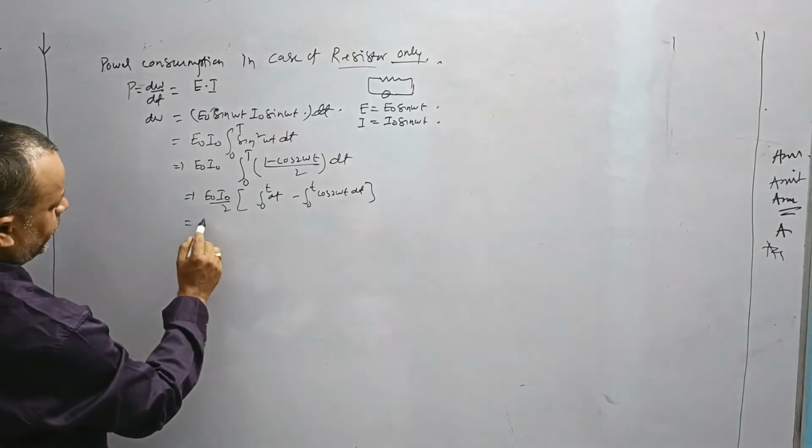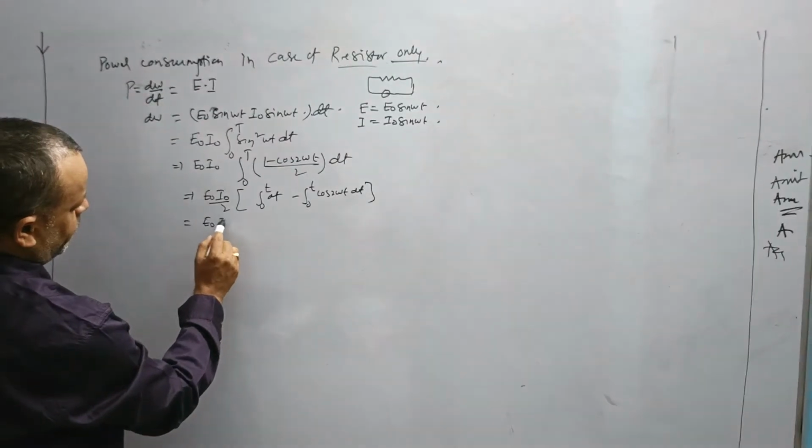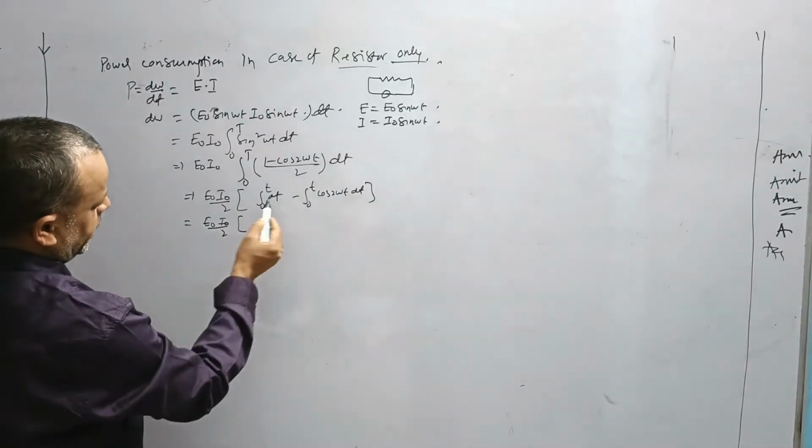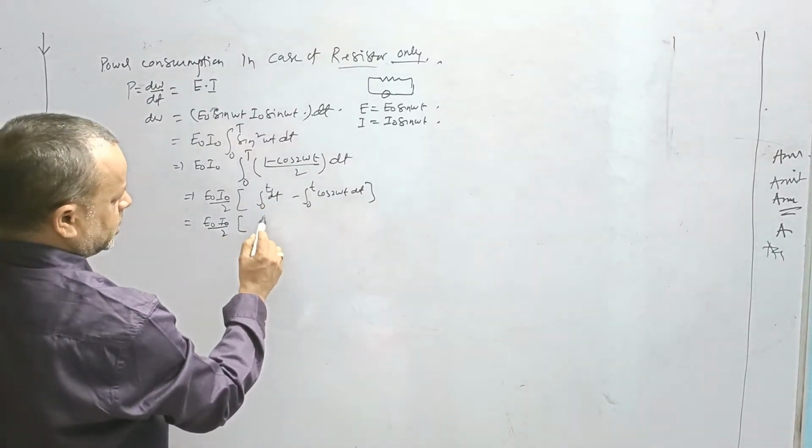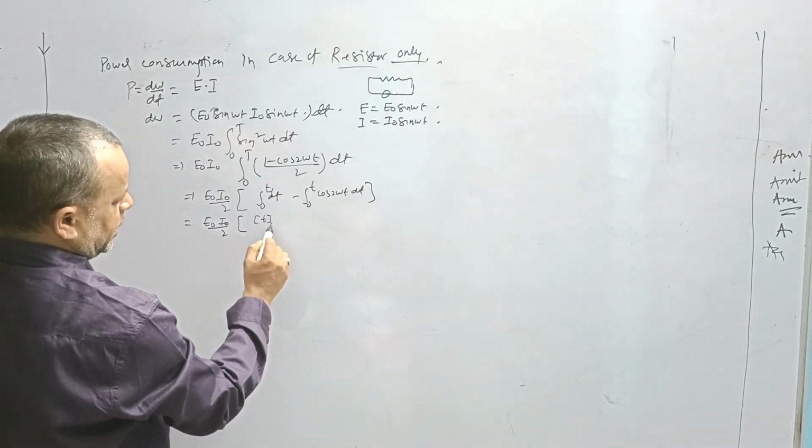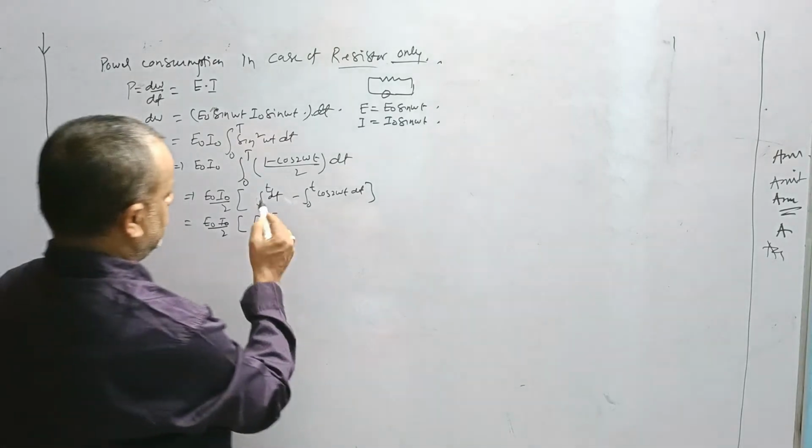This is E naught I naught; the integration of delta t is just t, varying from 0 to T.